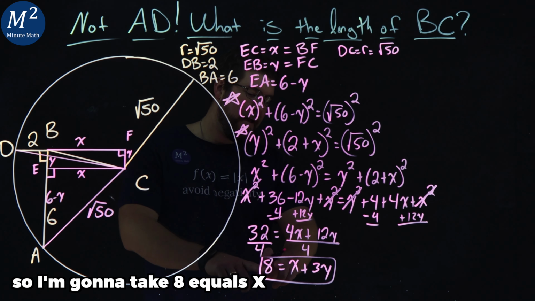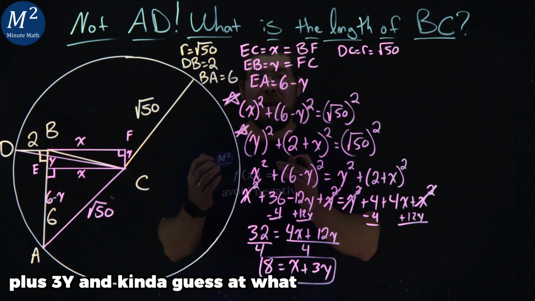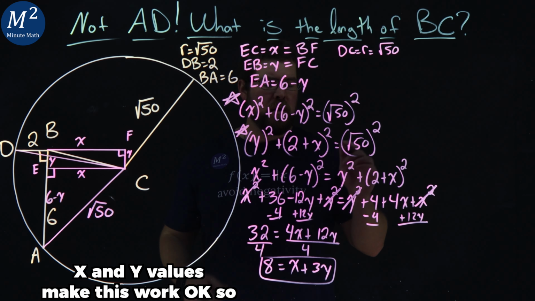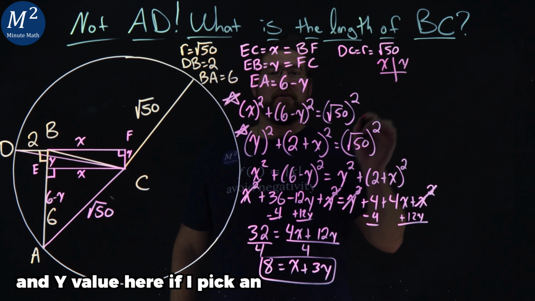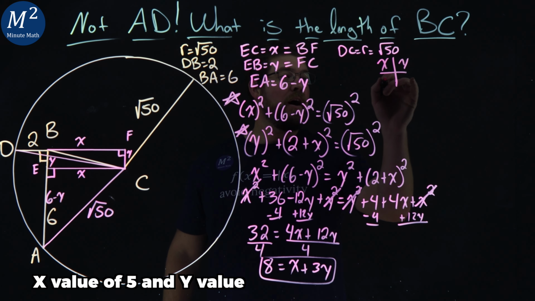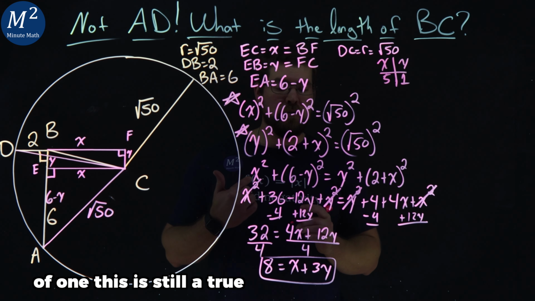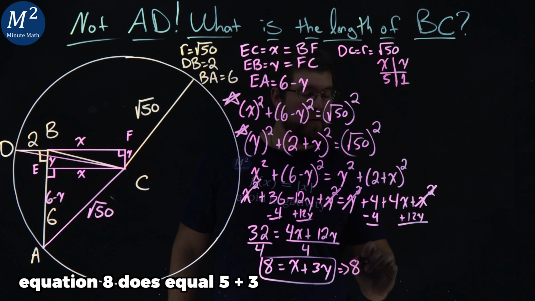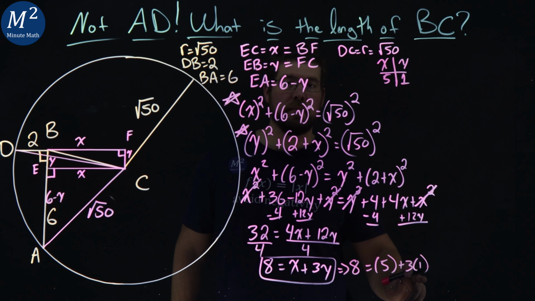So I'm going to take 8 equals x plus 3y and guess at what x and y values make this work. If I pick an x value of 5 and a y value of 1, this is still a true equation. 8 does equal 5 plus 3 times 1.